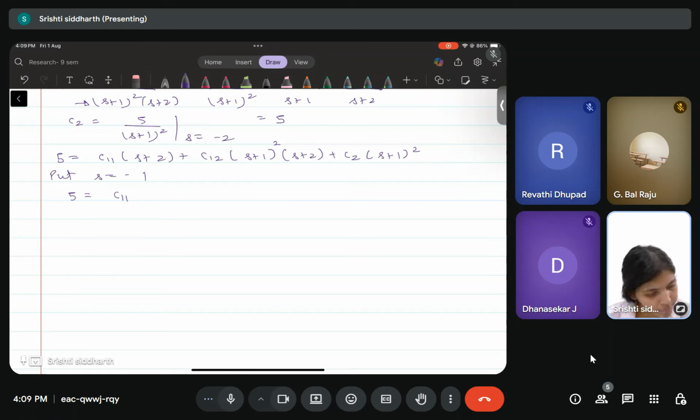So to find c12, let's see. We differentiate both sides with respect to s.